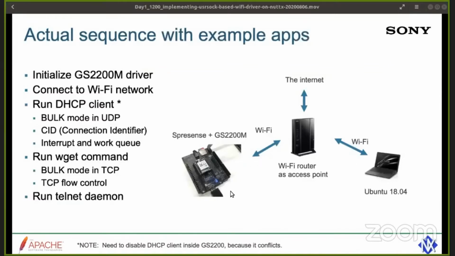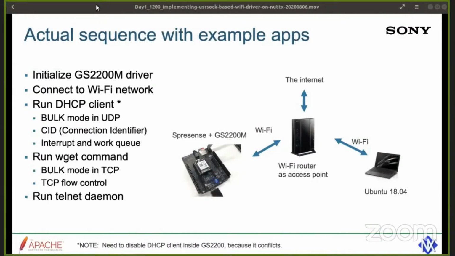From here, I'm going to talk about the actual sequence. Firstly, initialize the GS2200M driver and connect to the Wi-Fi access point. Then run the DHCP client to send a DHCP packet, which is a UDP packet. We need to use bulk mode and CID, which I will talk about later.